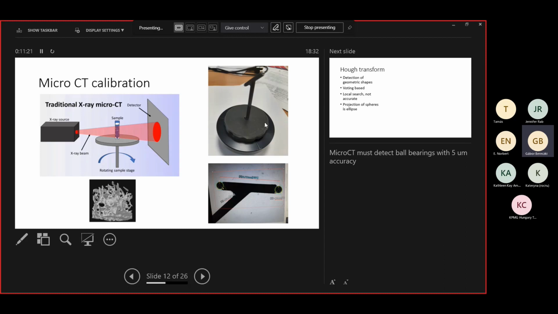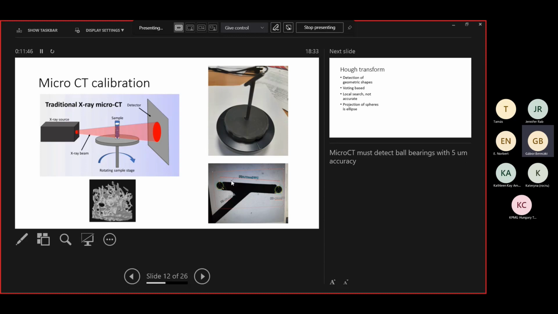In order to have precise 3D reconstruction, we need to know several parameters. For example, the distance of the X-ray source and the rotational axis, and also how the detector is aligned with the rotational axis. It's usually rotated a little bit, tilted, and so on.